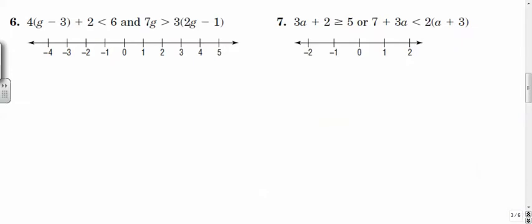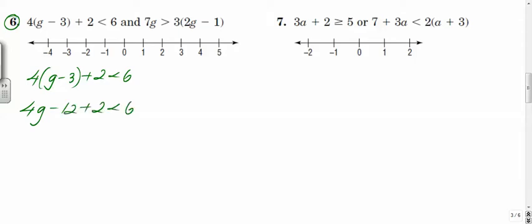Okay, number 6. Solve and graph, right? I got 4 times g minus 3 plus 2 less than 6. First step, distribute that 4 to everything inside the parentheses. 4 times g is going to be 4g. 4 times negative 3 will be negative 12 plus 2 less than 6.